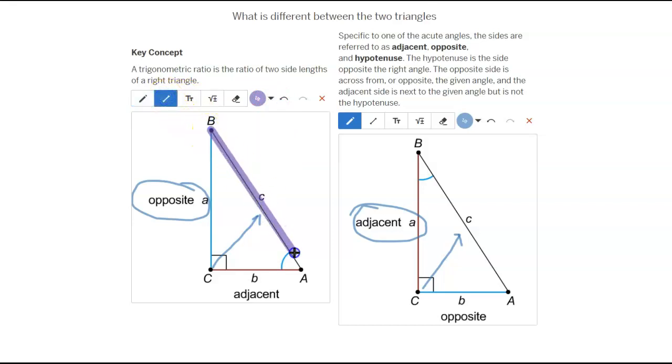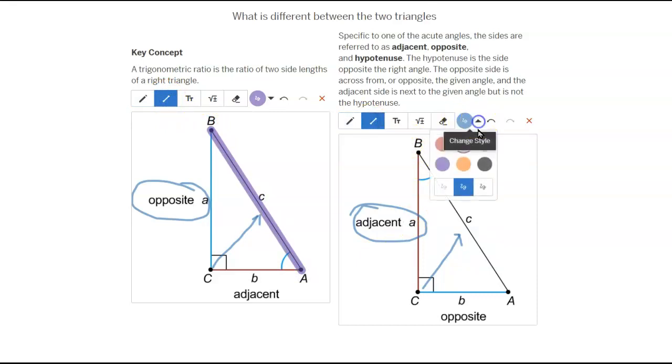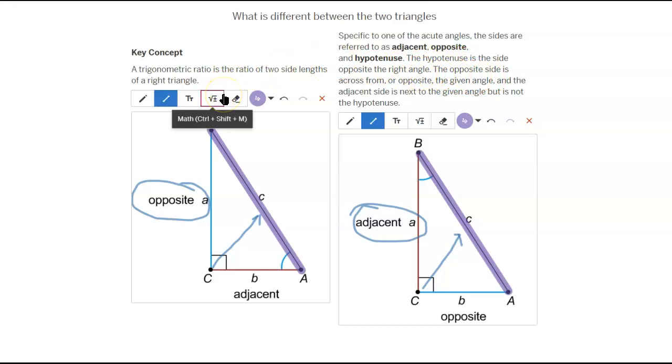So here's our hypotenuse, and here's our hypotenuse. Did you notice that your hypotenuse did not change? It's always the longest line. It doesn't change. The opposite side is across from, or opposite, the referenced angle, the given angle, the theta.